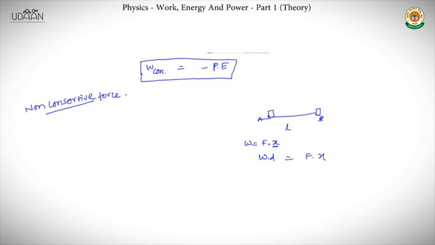This can actually be generalized in a different way. First, suppose the particle has been moved from point A to point B in this direction. This is path 1, and let us take path 2 as the particle initially moving from point A to point C, and then from point C to point B. In this case, work done from A to B in path 1 is not equal to work done from A to B in path 2.